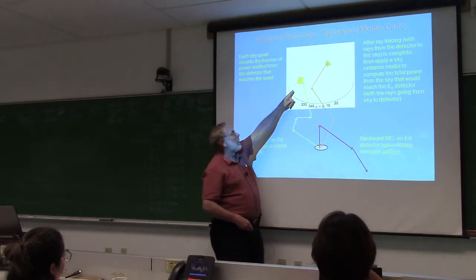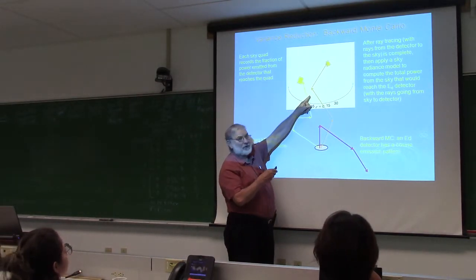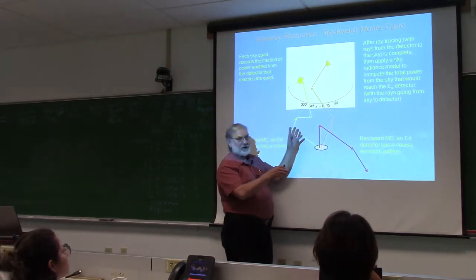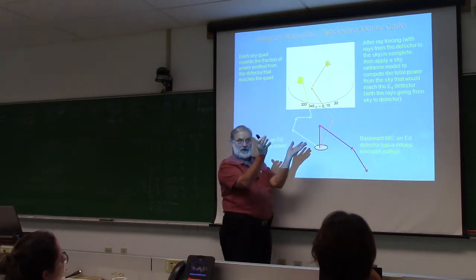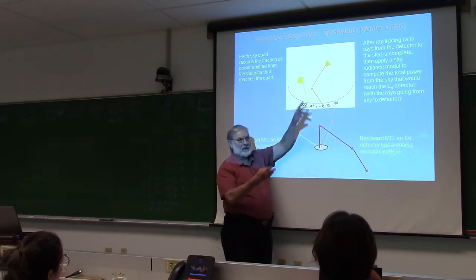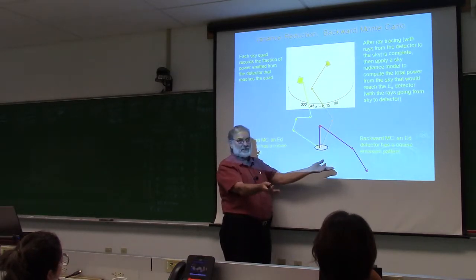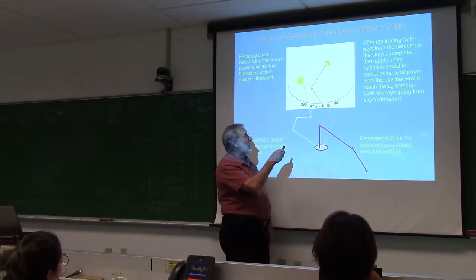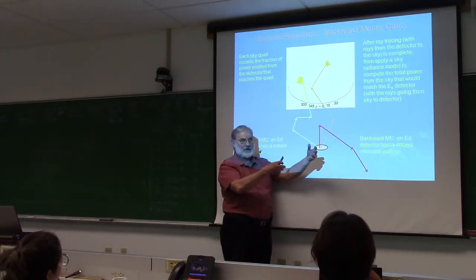Then I take however much energy, let's say 1% goes here, 2% goes here, etc. I trace millions of rays. I find out that distribution of energy that makes it from the detector to the sky. Then I can say, okay, if the sun was here, I generate a sky radiance distribution, and now I know this was a really bright sun and 1% of the energy went here. I'll take 1% of that really bright sunlight radiance.